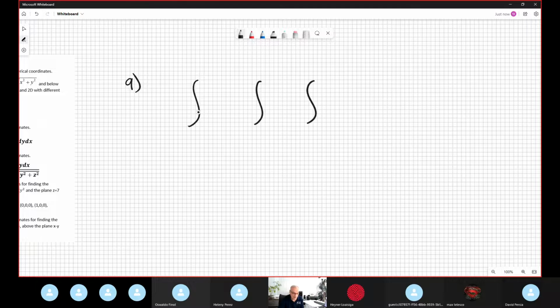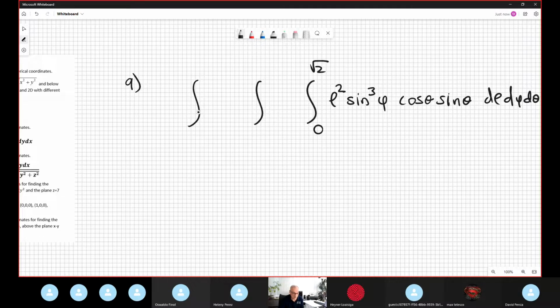Integral. I copy rho squared sine cubed phi cosine theta sine theta d rho d phi d theta, and the limits were 0 to radical 2 for rho, 0 to pi over 4 for phi, and 0 to pi over 2 for theta.